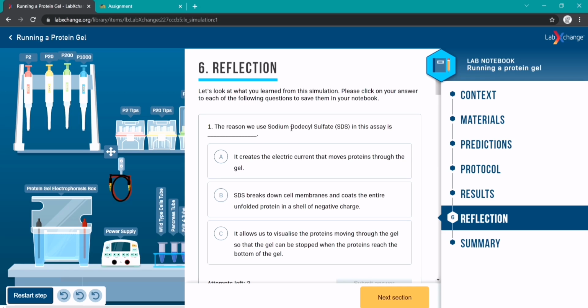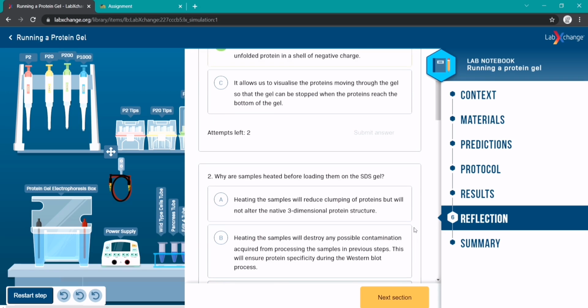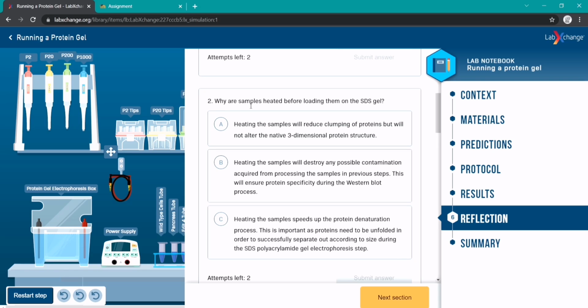The reason we use SDS in this assay is... Why are samples heated before loading them on SDS gel?